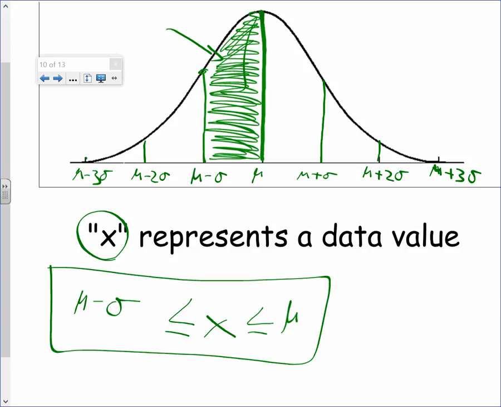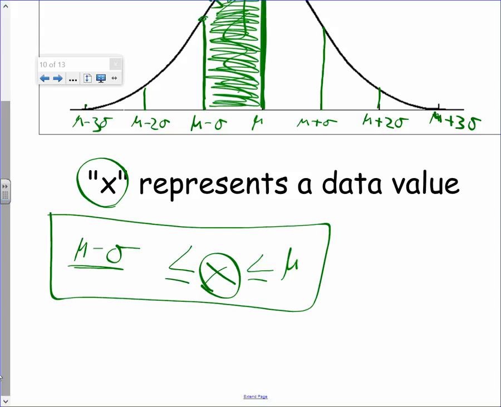So the x is found in the shaded region, and notice the greater than or equal to, so greater than is that way, less than is this way. So this data value, namely Ms. Rodriguez, is greater than or equal to the standard deviation below, that's this value, look at this one I put here, but less than or equal to the mean, that's mu. So that describes the region.